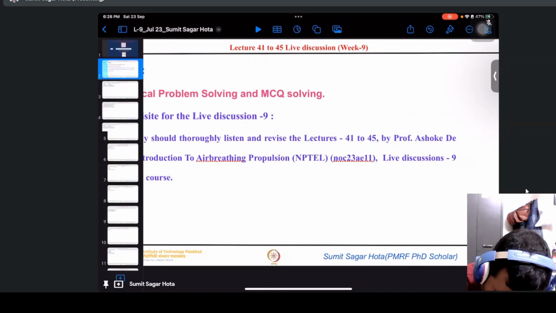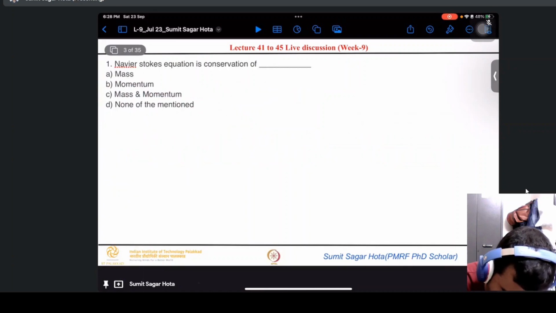Okay, so the first question: the Navier-Stokes equation is the conservation of dash.